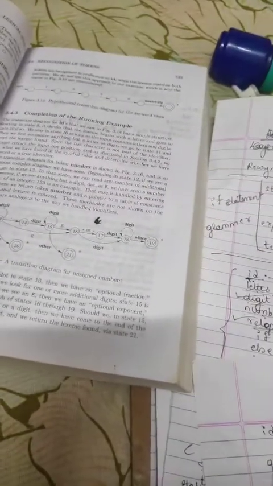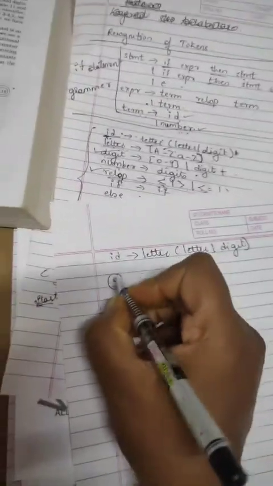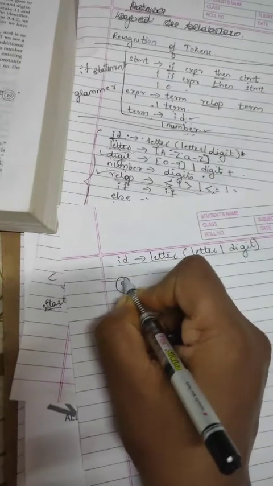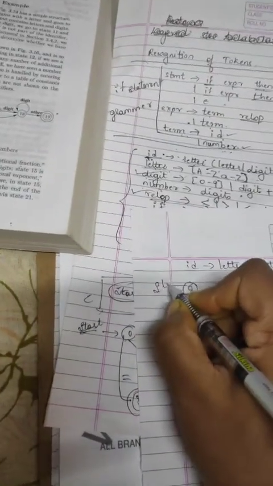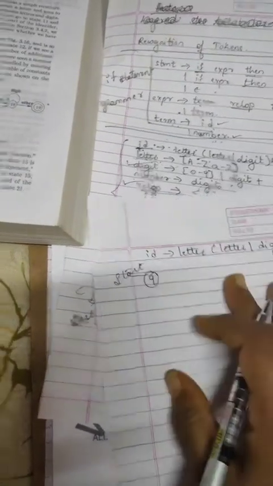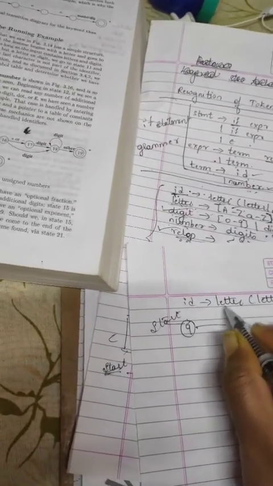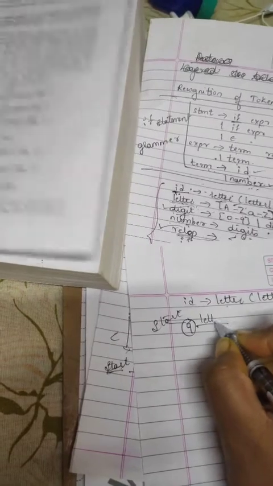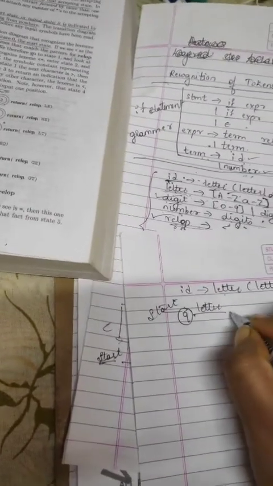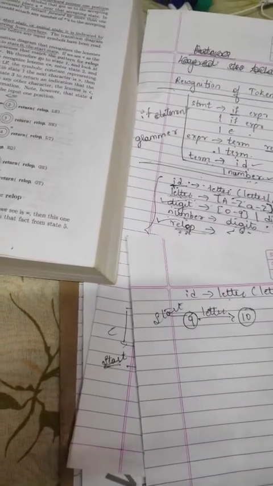Now continuing at state 9, I said it starts with any number, not 0. Start from state 9, then continuing, what they have said is that it should be a letter. If it is a letter, it will move to the next state.